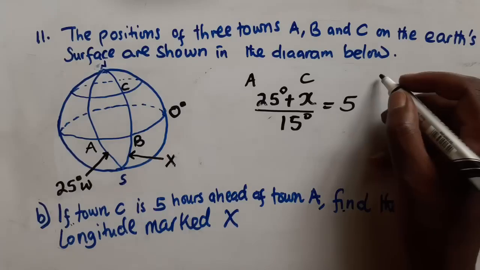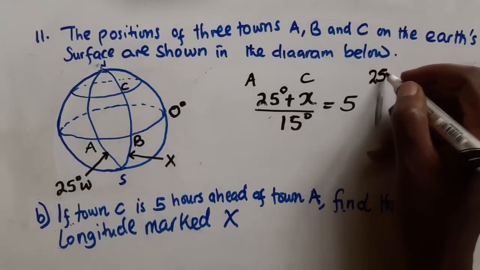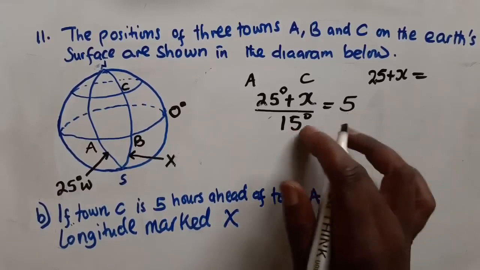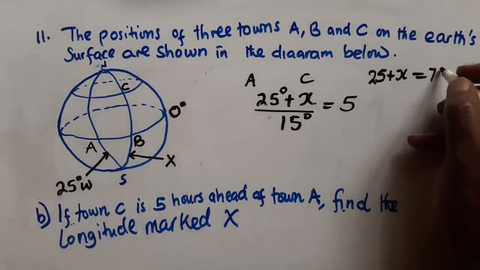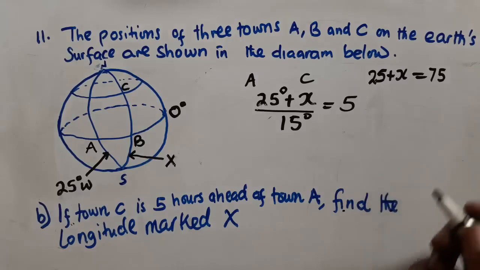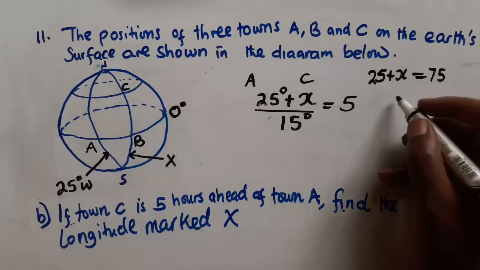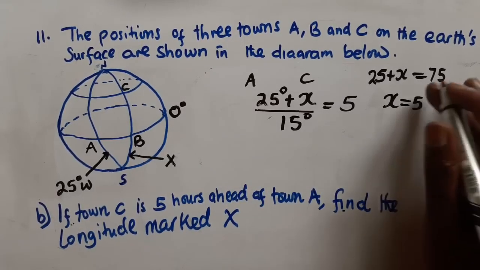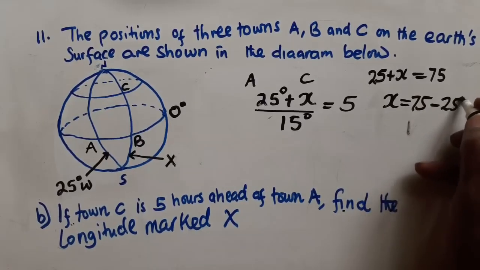So we are going to have 25 plus x is equal to, we multiply these. When you multiply, what do you get? You're going to get 75. Am I right? Then to get x, you say 75 minus 25.